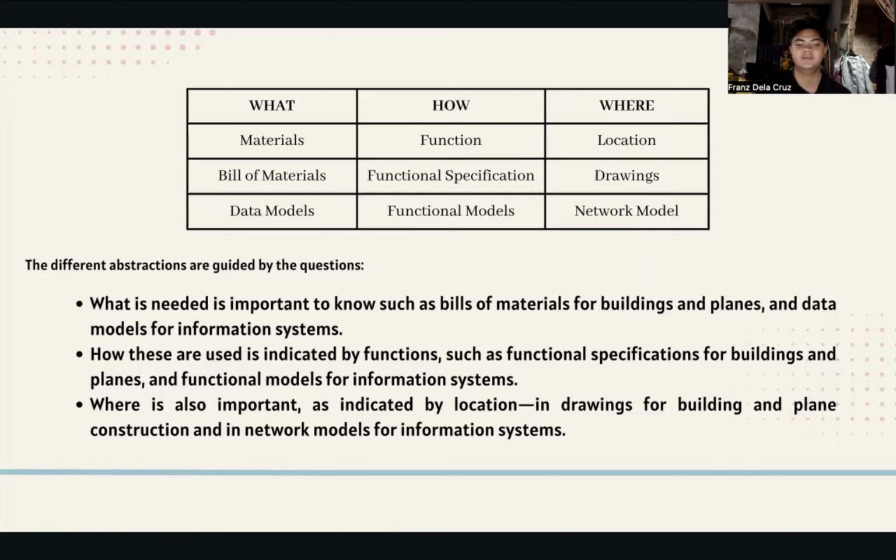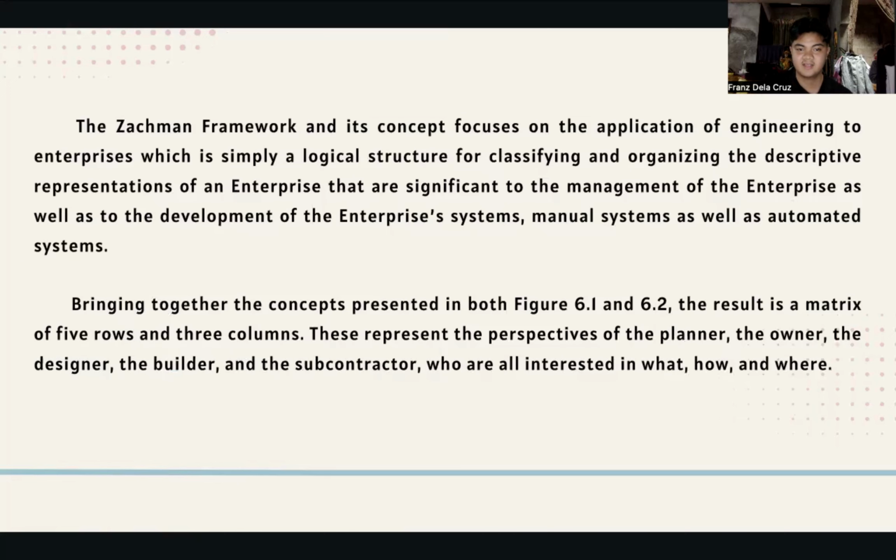Where is also important, indicated by location in drawings for buildings, planes, and construction, and in network models for information systems. The Zachman framework and its concept focuses on the application of engineering to the enterprise, which is simply a logical structure for classifying and organizing the descriptive representations of an enterprise that are significant to the management of the enterprise as well as to the development of the enterprise systems, manual systems, as well as automated systems.